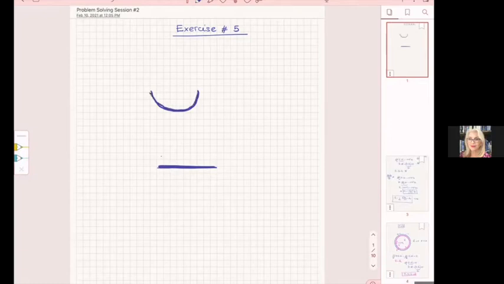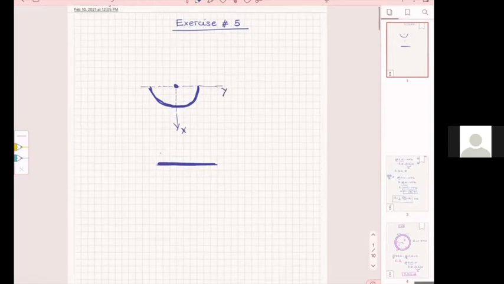Then it asks us to say what kind of field we're going to have here. And here we have, remind me, which direction? This was X. Y is going to the right, and then Z was coming out. All right, perfect.